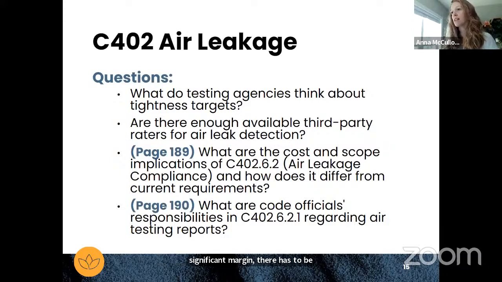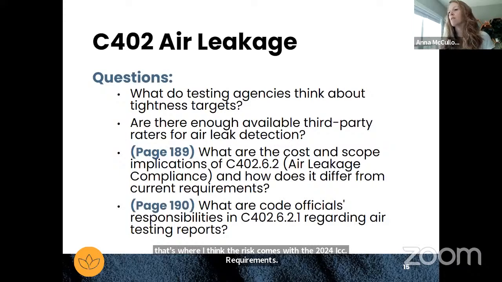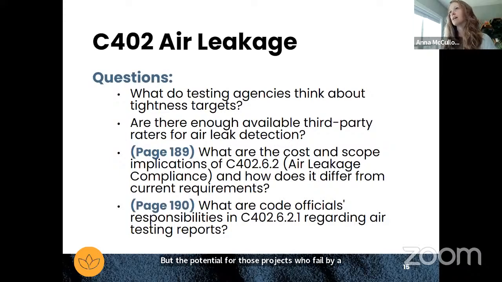And that's where I think the risk comes with the 2024 IECC requirements. Not necessarily meeting those requirements for all projects, but the potential for those projects who fail by a significant margin to have to mitigate the problem.